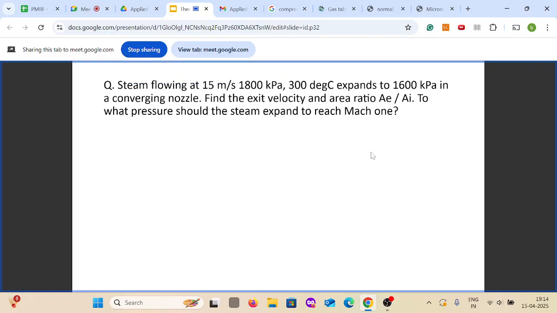Find the exit velocity and area ratio, AE by A inlet. To what pressure should the steam expand to reach Mach 1? So we need to basically find out the critical area ratio for it to reach Mach 1.